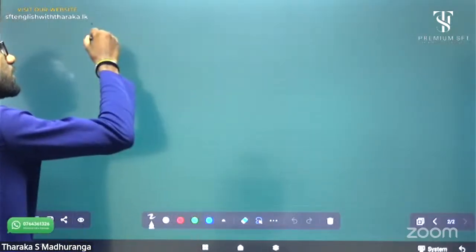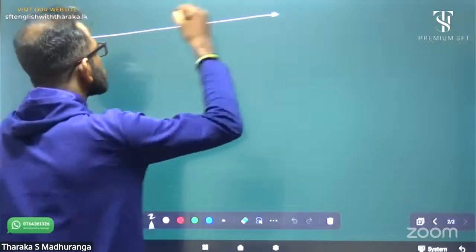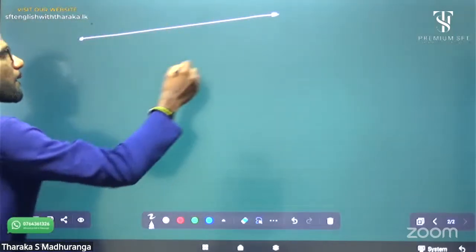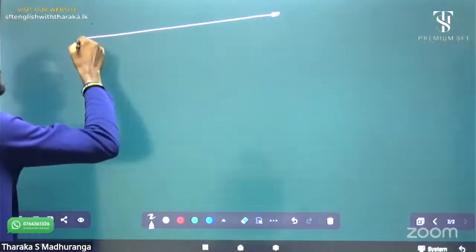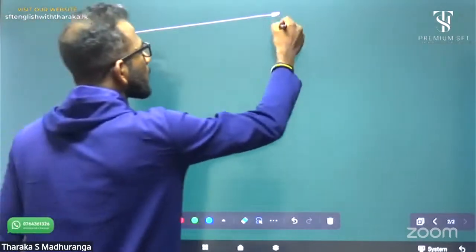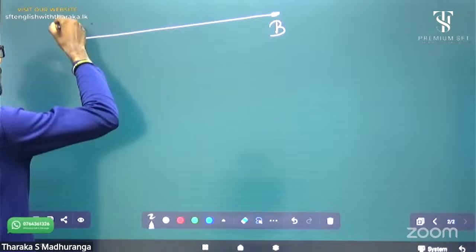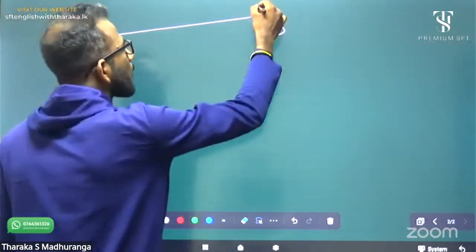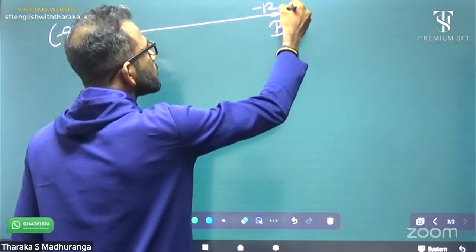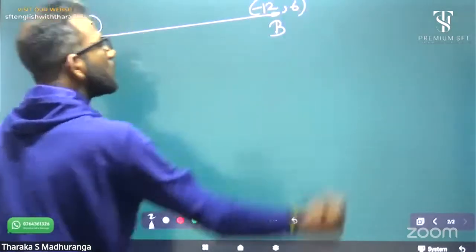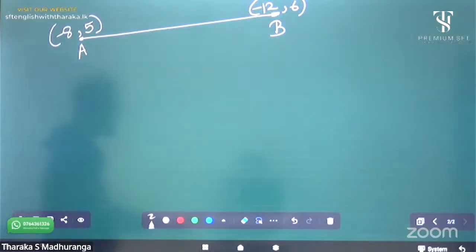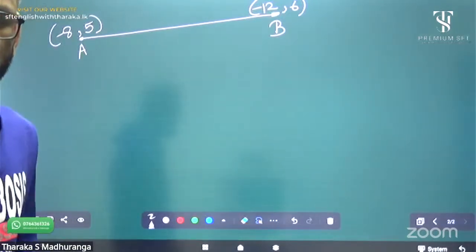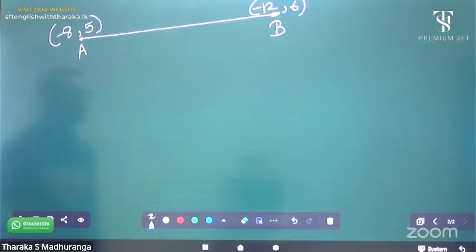Okay, quickly calculate the length of this straight line. The length of AB.